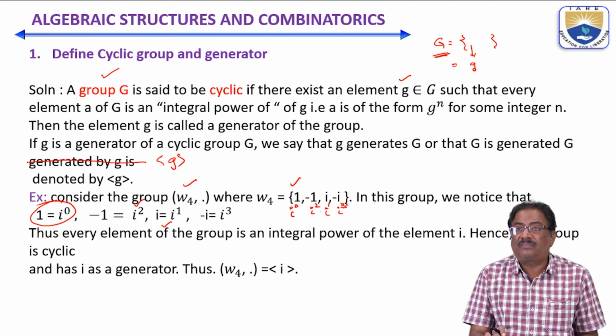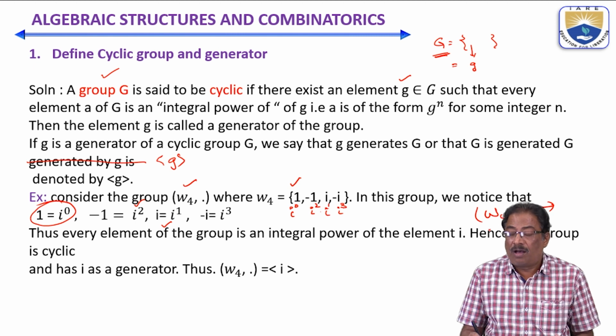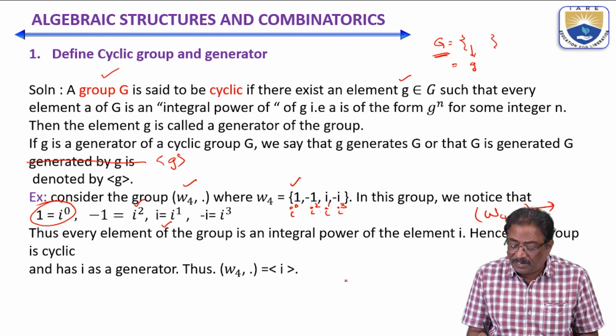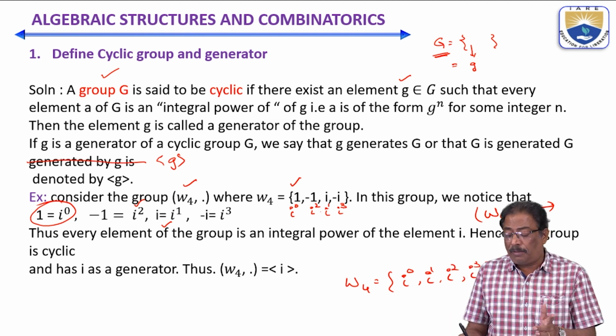So all the elements of W4 are i power 0, i power 1, i power 2, i power 3, the integral powers of i.